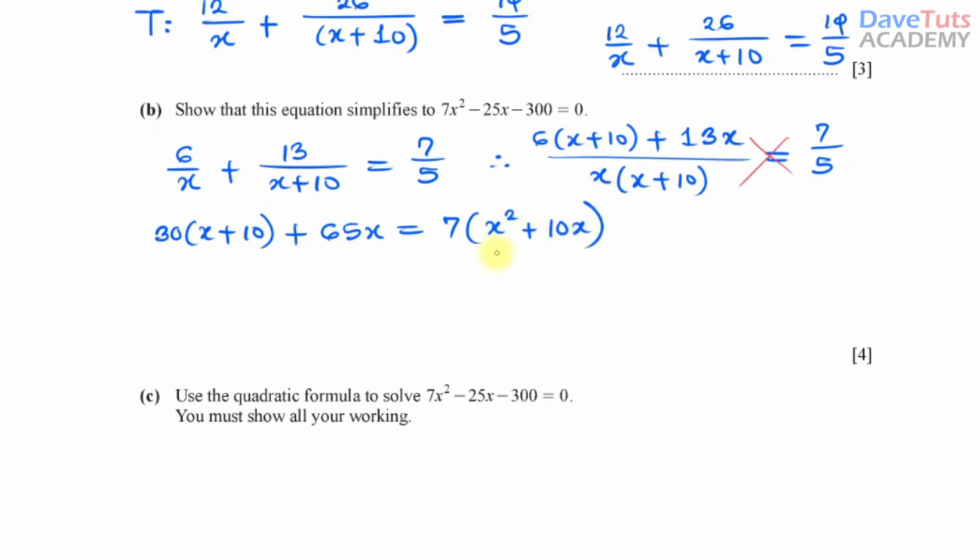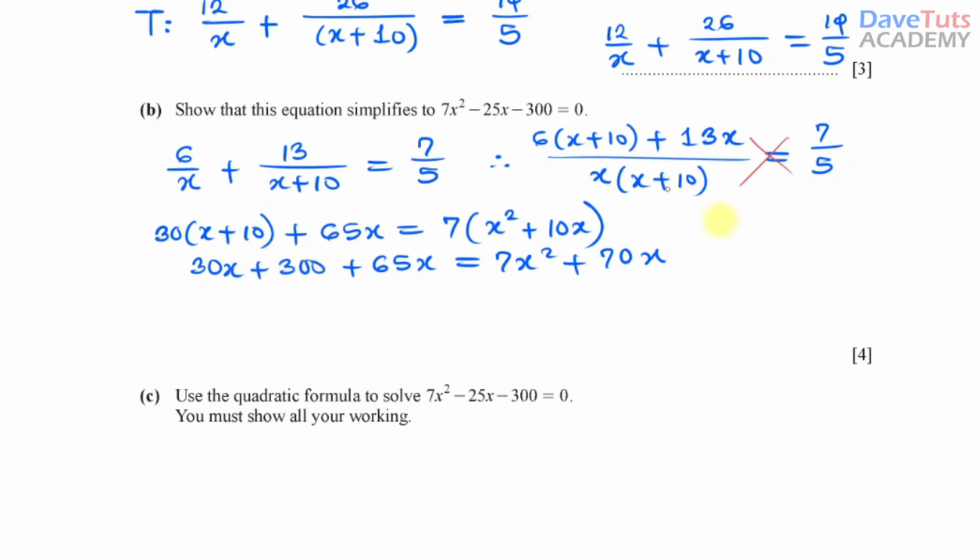Okay. So we can just try and simplify this now. To say we want to open the bracket, we have 30x plus 300 plus 65x is equal to 7x squared plus 7 times 10x is 70x, okay.